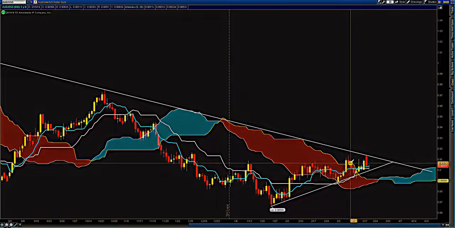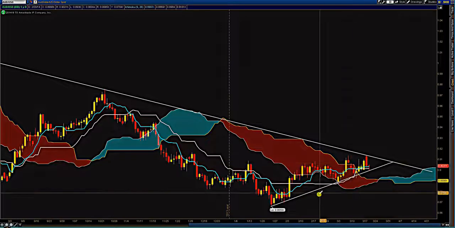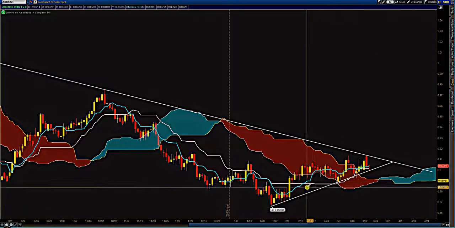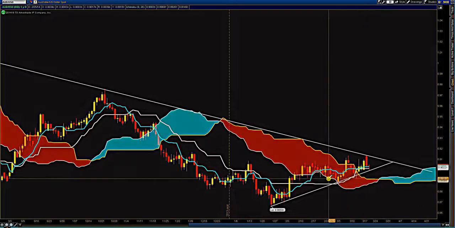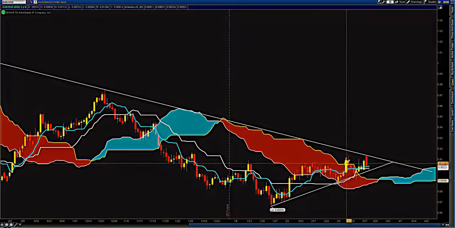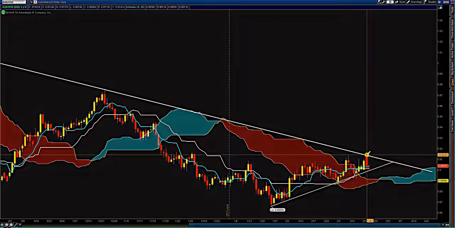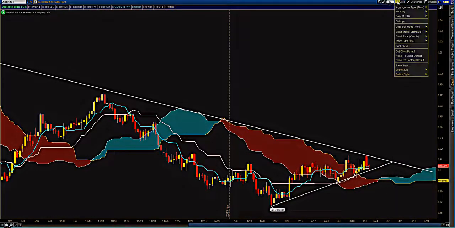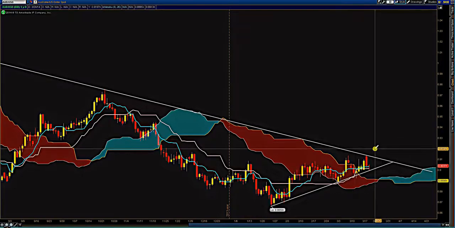So yes, price broke above this, but if you're looking to get long or short, you could use trend lines as clear support and resistance levels. So in a case like this, yes, price broke above the cloud, but it's clear that we had a descending trend line from a yearly high. So you want to wait for extra confirmation, and that's what my video is going to be about.